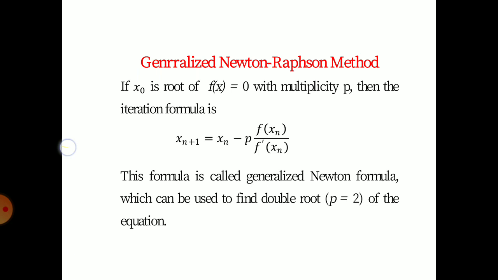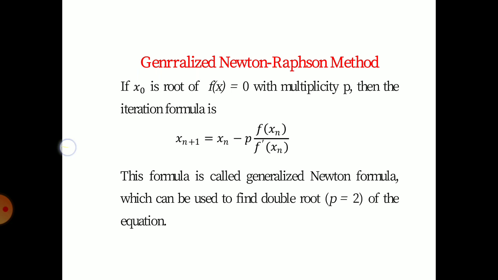That means suppose the equation is f of x is equal to x square minus 4x plus 4 is equal to 0. And we know that the solutions of the equation x square minus 4x plus 4 is equal to 0 are x is equal to 2 and 2. That means 2 is repeated. It is called a double root.